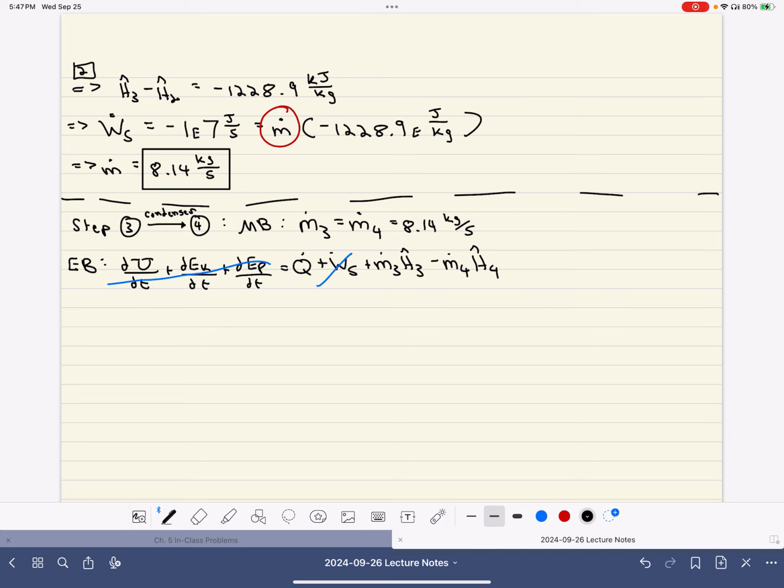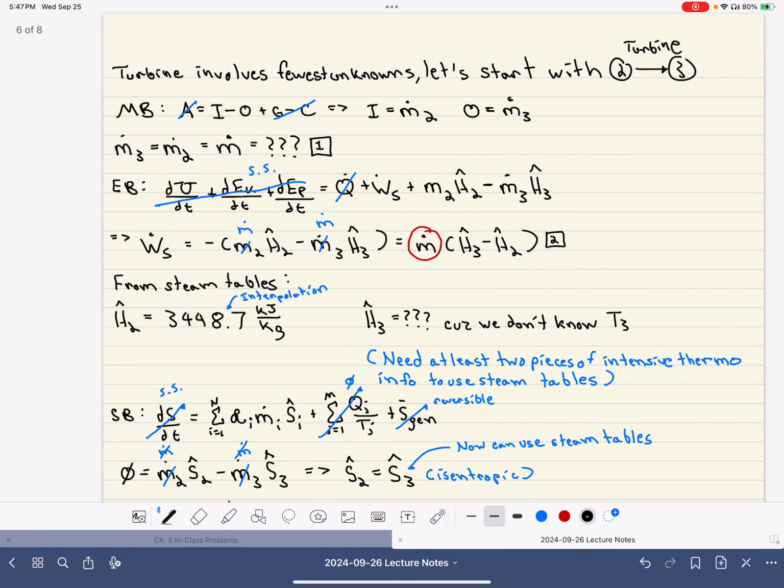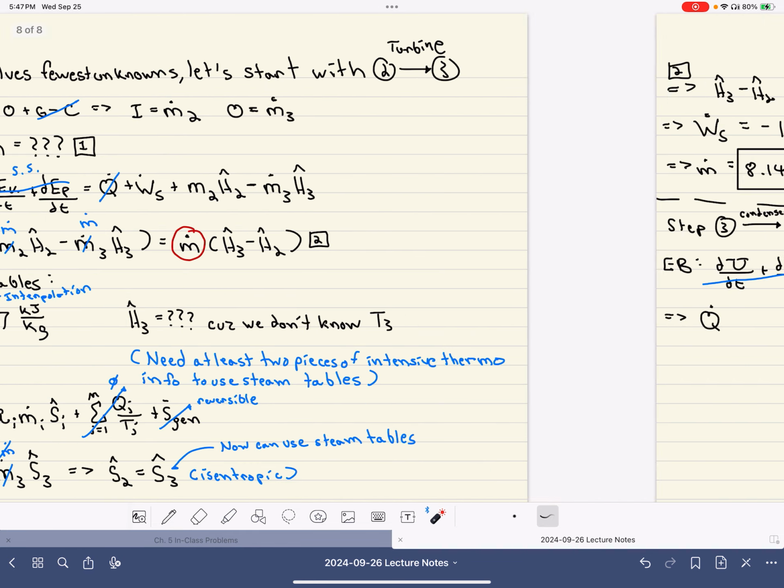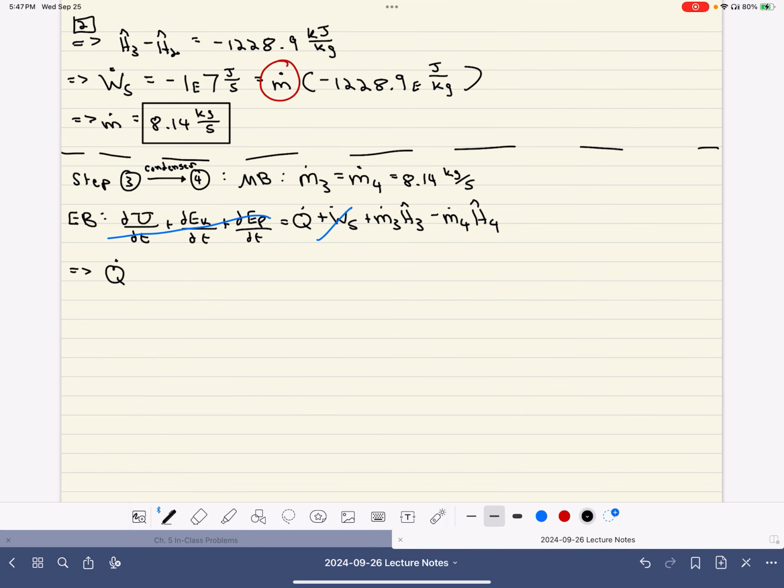And so what we find is that the heat, which in this case, if we go back to the diagram, is going to be the QC of the Rankine cycle. So the heat that's leaving, that QC, is just going to be equal, if we simplify it down, to m dot multiplied by H4 minus H3.